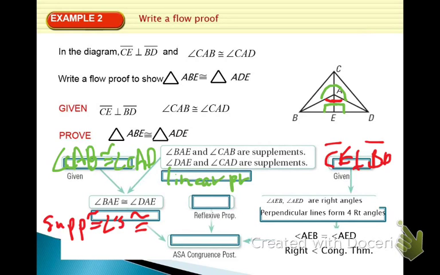And then we know that those two angles are congruent, so we can mark that in the figure. These two are congruent because of the right angle congruence theorem, or you can just write all right angles congruent. That's what that says. All right angles are congruent.